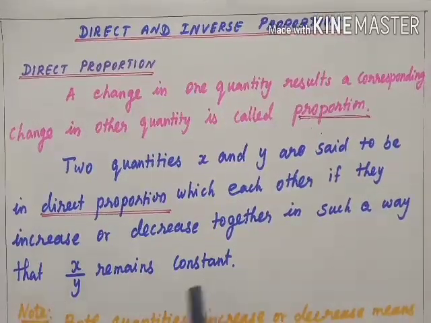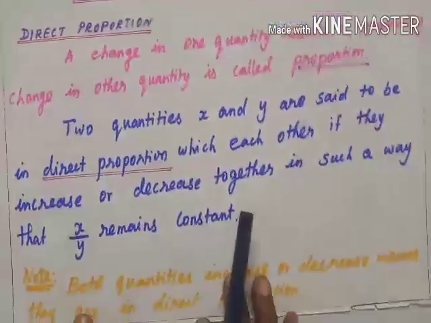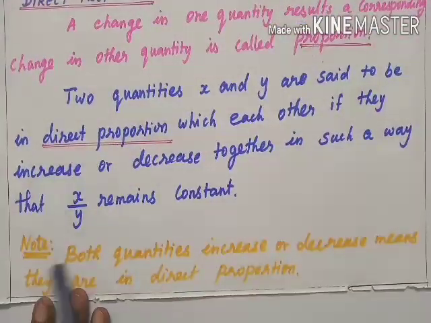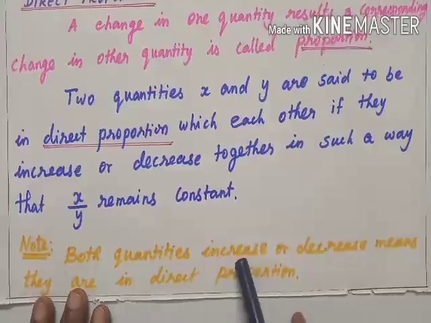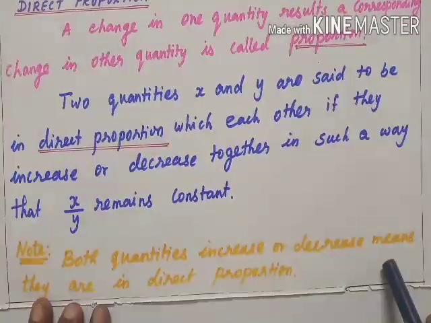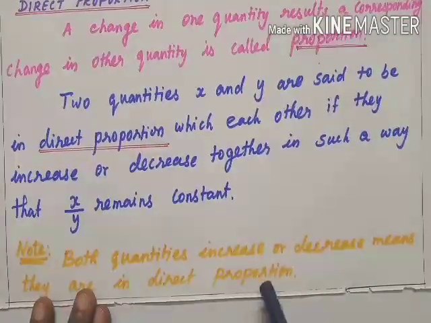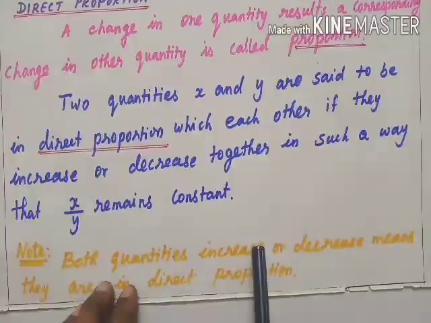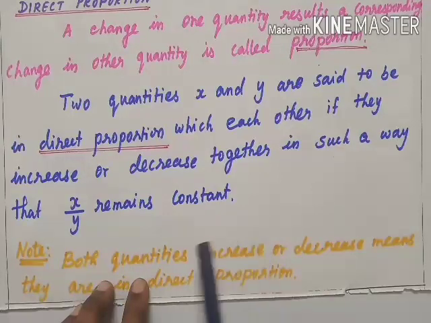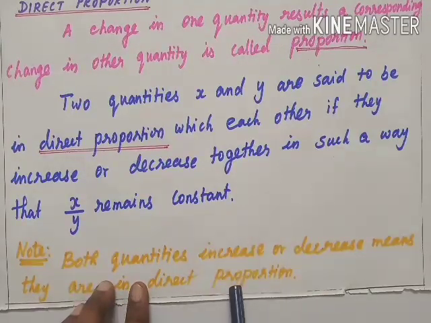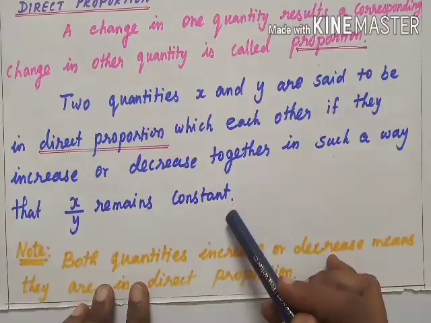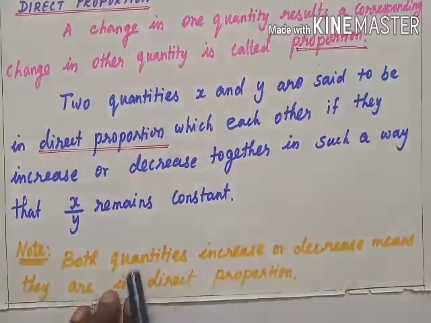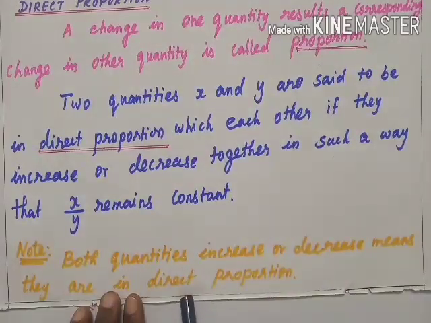Note, if both quantities increase or decrease, they are in direct proportion. We have two quantities like pens and cost. Both should increase or both should decrease. That type of proportion is called direct proportion.